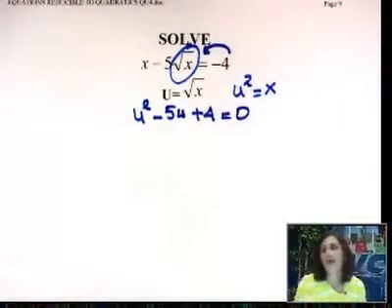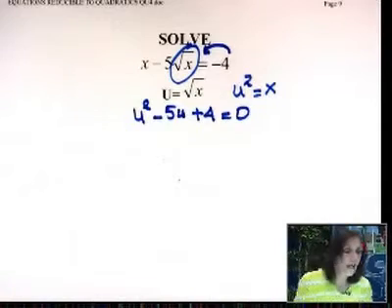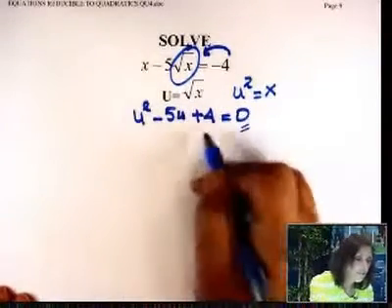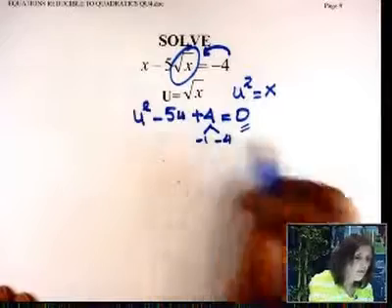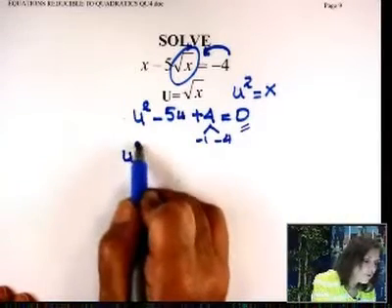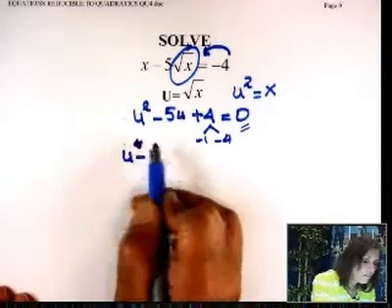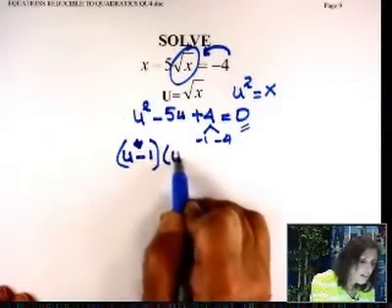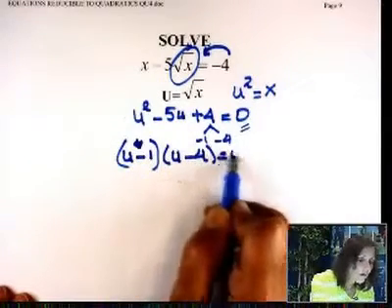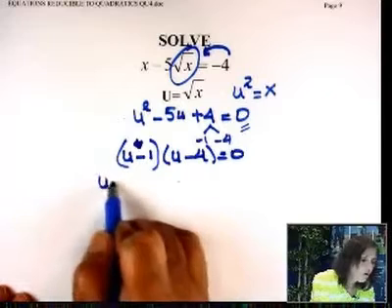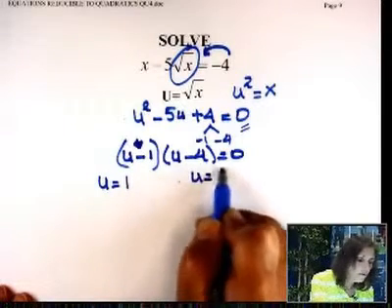Set it to 0 because I don't do the solving unless I have a 0 on the side. This one is negative 1, negative 4. So I'm going to have u minus 1 times u minus 4. Solve. U equals 1, u equals 4.